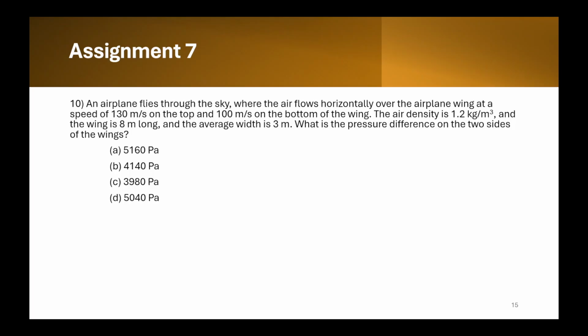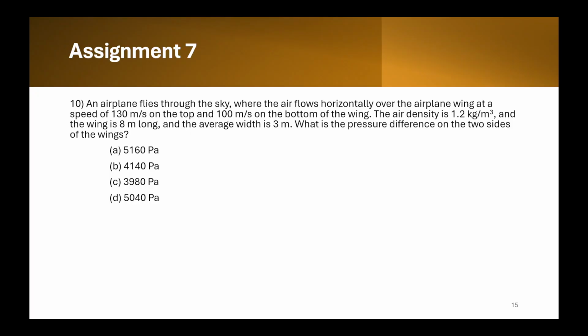Next question. An airplane flies through the sky where the air flows horizontally over the airplane wing at a speed of 130 meter per second on the top and 100 meter per second on the bottom of the wing. The air density is 1.2 kg per meter cube and the wing is 8 meter long and the average width is 3 meter.